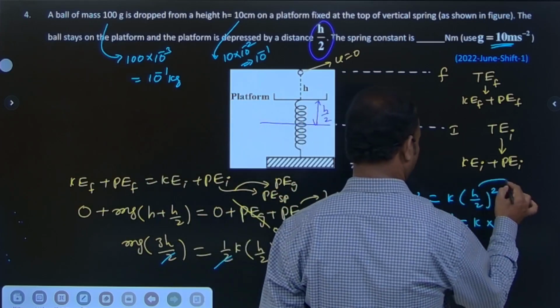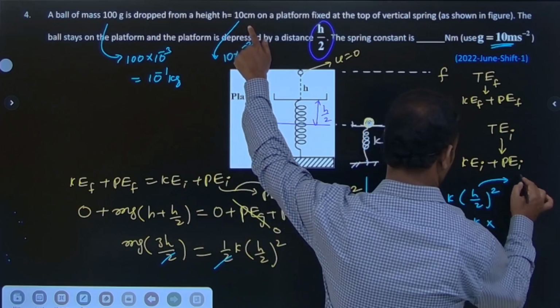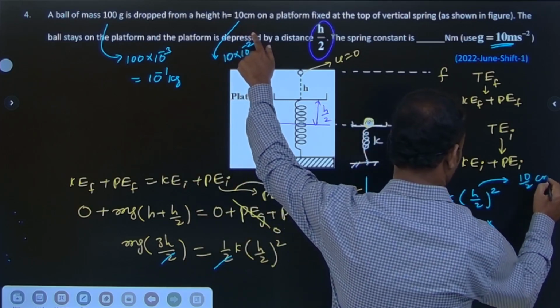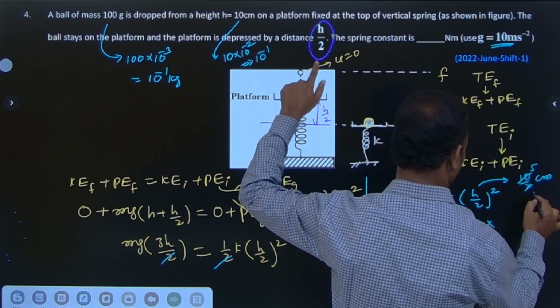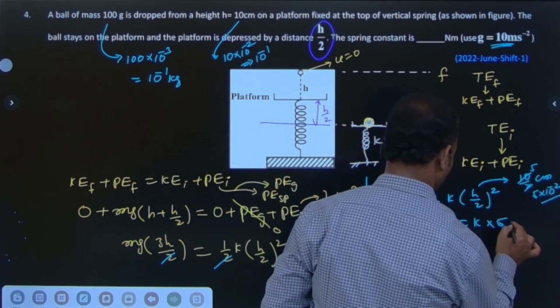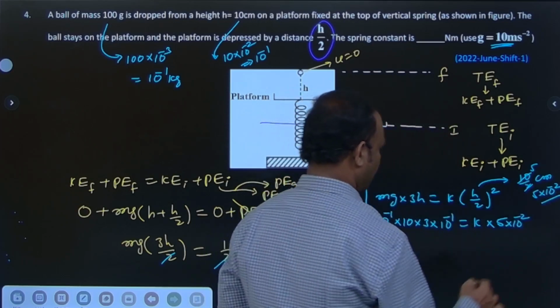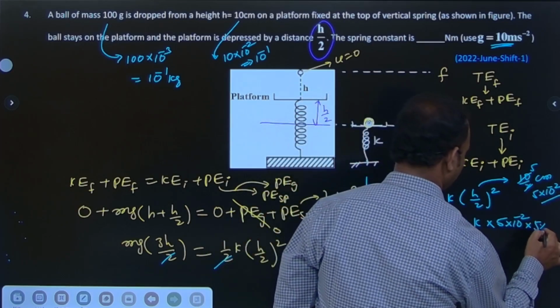So what do you mean by h by 2? H is 10 centimeter, correct? 10 by 2 centimeter means 5, so 5 into 10 power minus 2.